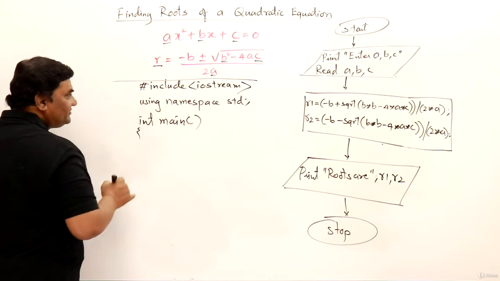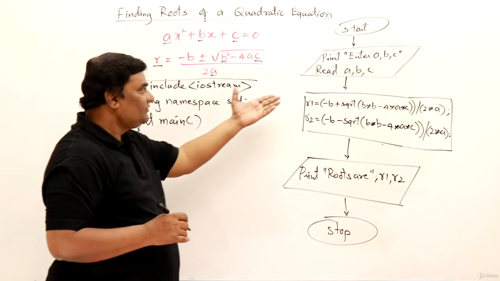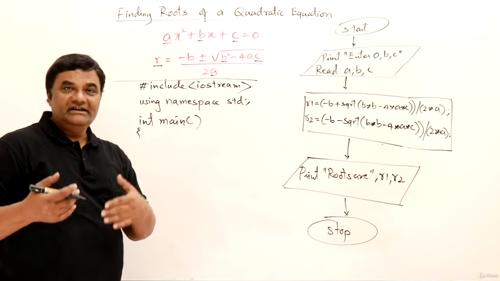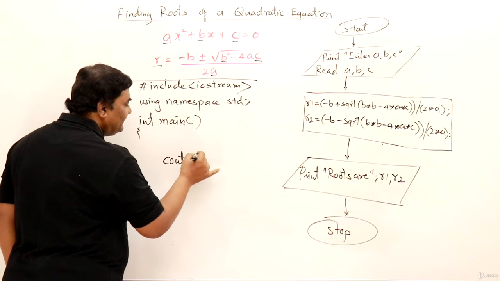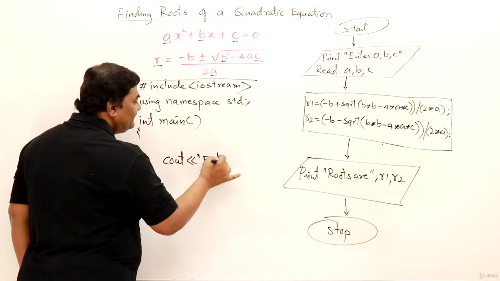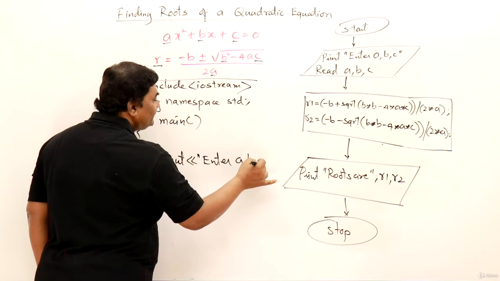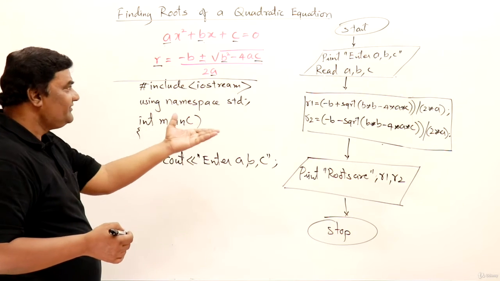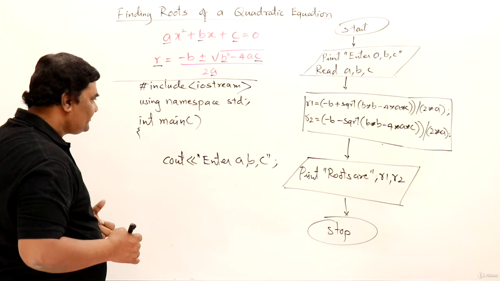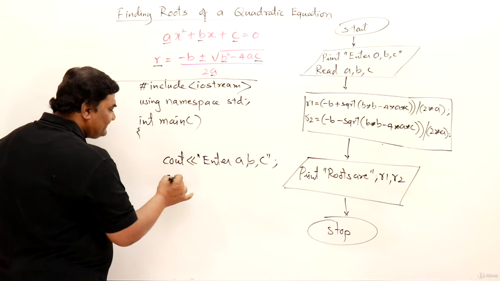Inside the main function, what is the first thing I should do? Take input, read a, b, c. So I should give a message with cout: enter a, b, c. The one using this program should know that a, b, c are the coefficients of a quadratic equation. Now I will be reading a, b, c.